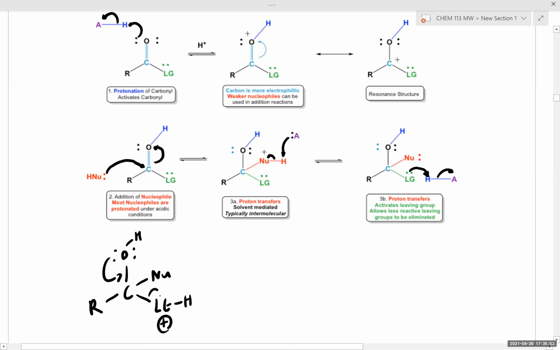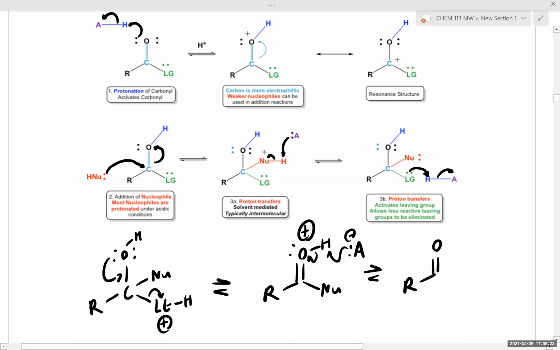So we'll do just that. We'll kick out our leaving group. And then from here, all we have to do now is pull off a proton, be it with water or even an equivalent of the conjugate base floating around. Really anything will do the trick as long as it can accept a proton easily.